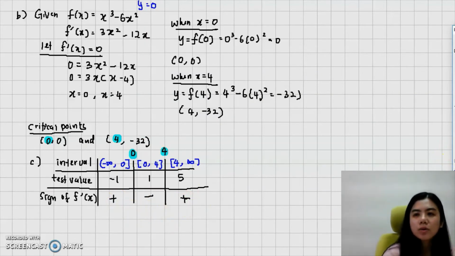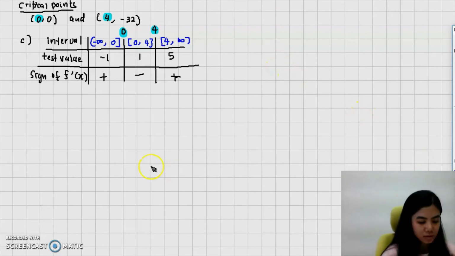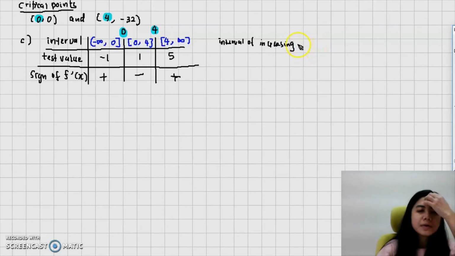Okay, so let us write the conclusion. For the interval of increasing, we have two intervals. The first is negative infinity until 0. The next increasing interval is from 4 to infinity.